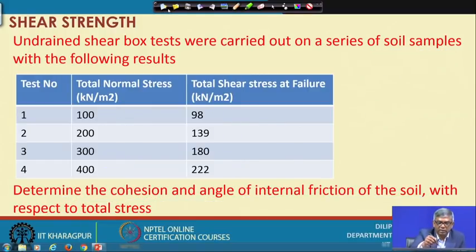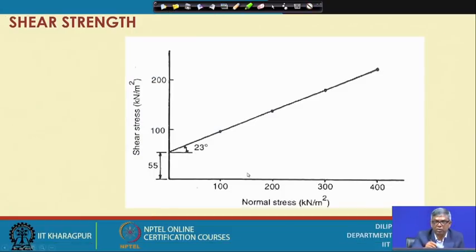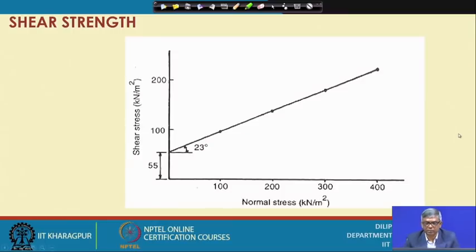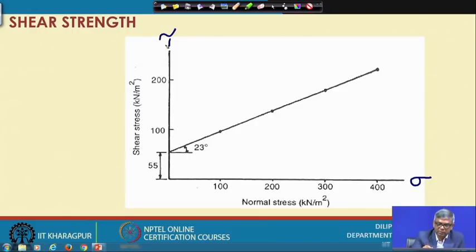So, let us see, if I take this data in a tau sigma plot, this is sigma and this is tau, and this is the first point, 100 and 98, this is the second point, 200 and the corresponding value, this is 300 and the corresponding shear stress, and 400 normal and the corresponding shear value.